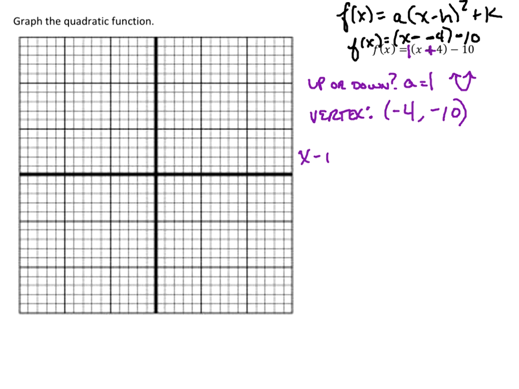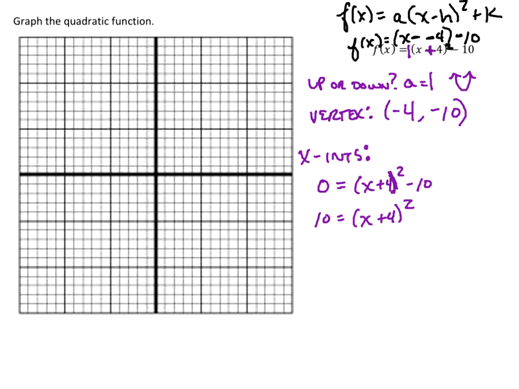The x-intercepts are what I get when I plug in 0 for y, so 0 equals x, oh I'm sorry, this thing is supposed to be squared. I have a typo here. Sorry about that. So x plus 4 squared minus 10. Add 10 to both sides. 10 equals x plus 4 squared.